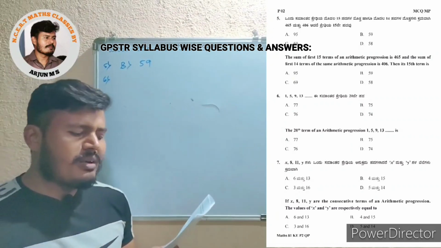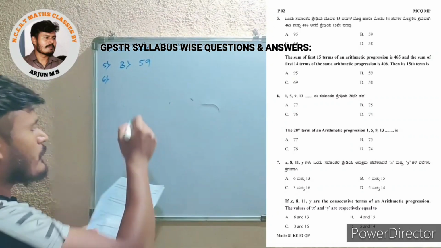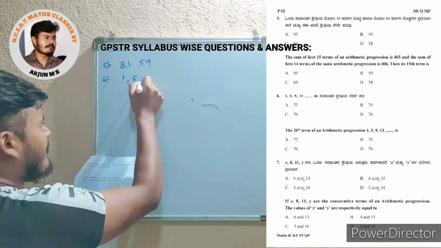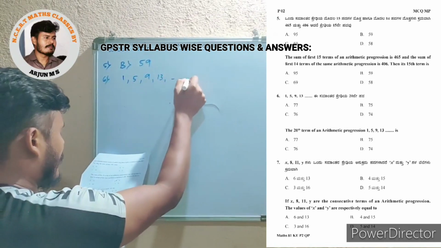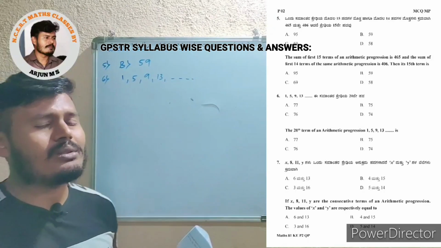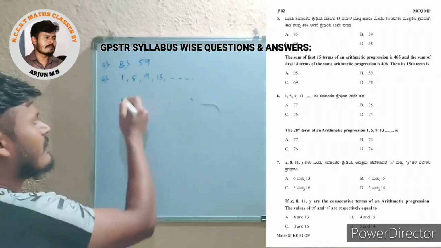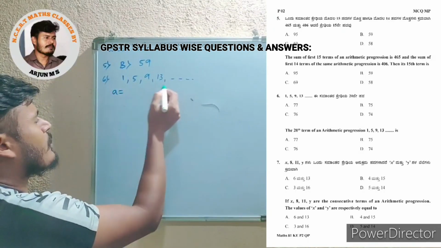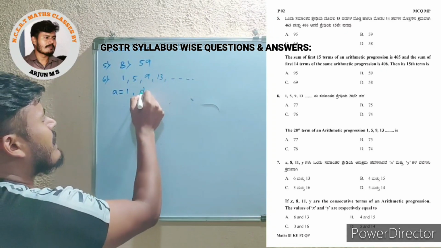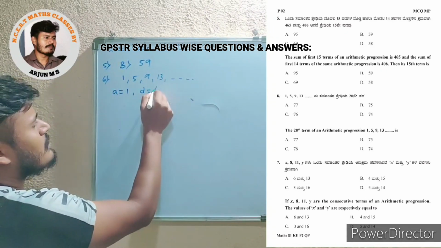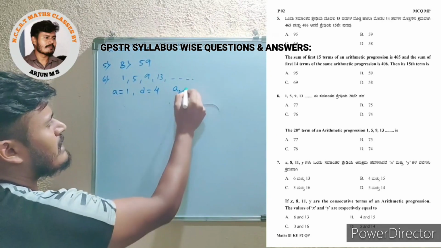The 20th term of an AP, that means arithmetic progression, they have given the progression 1, 5, 9, 13 and so on. We have to find out the 20th term. They have given a list of numbers. In this progression, A is equal to 1 and what about D? 5 minus 1, which is equal to 4. We have to find out the 20th term.